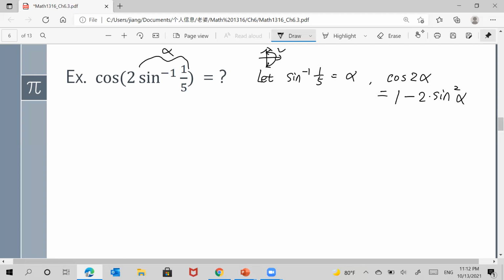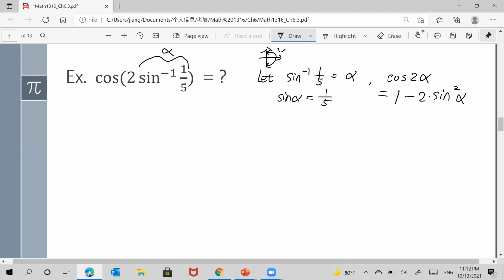When we see this, we should just identify where alpha is. Alpha is here, and sine alpha equals 1 over 5. Just convert it to the regular form.